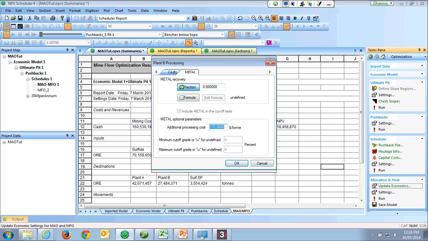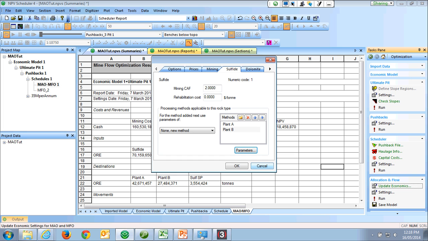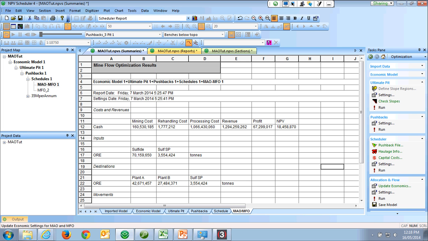The original plant had an additional processing cost of $150 per ton of product ore. Our new processes are either $140 or $170 per ton. And we'll see further on that the differences between the plants is that they can also have different feed grades.